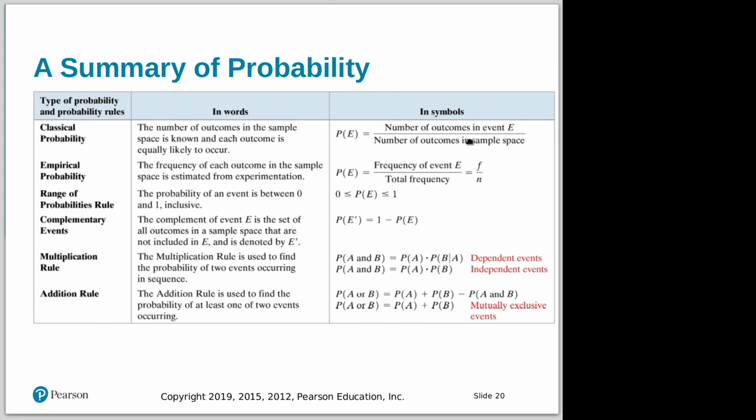These denominators get large because of the multiplications. While for the addition rule, which is an OR, the probability of A or B happening, we add the probabilities if they're mutually exclusive. If they are not mutually exclusive, we add the probability of A and B, and we subtract from it the part that overlaps.